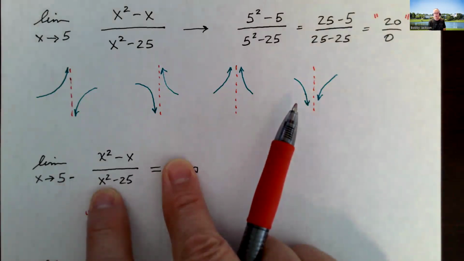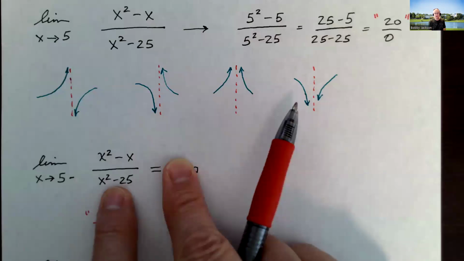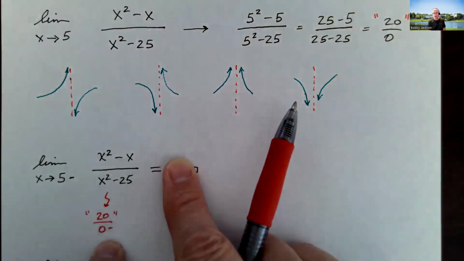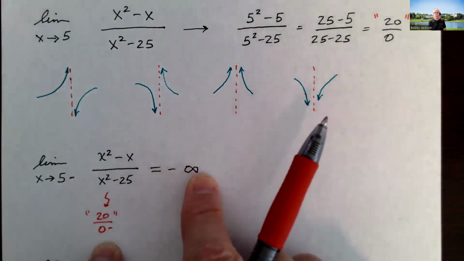It's always like 4.9, 4.99, 4.999, and so on. But of course, if you square 4.9, for instance, that's less than 25, right? So this difference, even though it's getting closer and closer to 0, is always negative, and I indicate that with that little negative. The top is always 20, the bottom is always negative. It is getting closer and closer to 0. What's that mean? Overall, this fraction is always negative for values of x close to but below 5, and therefore we're going to negative infinity.